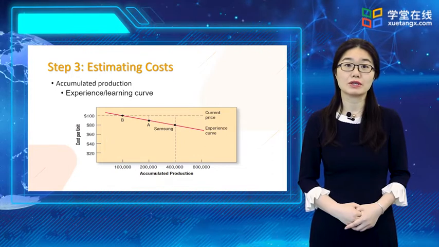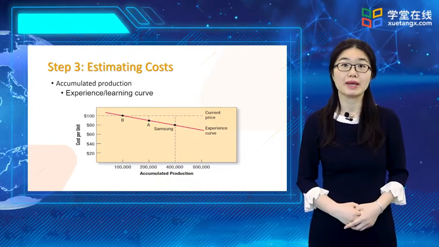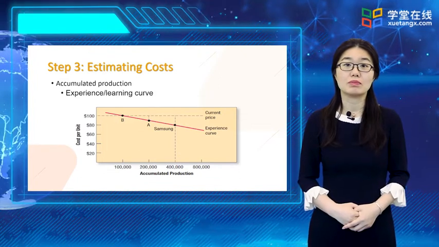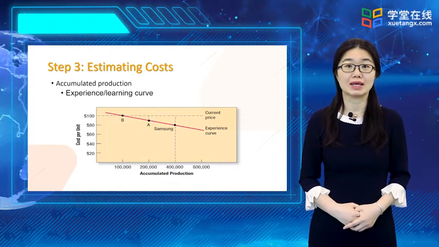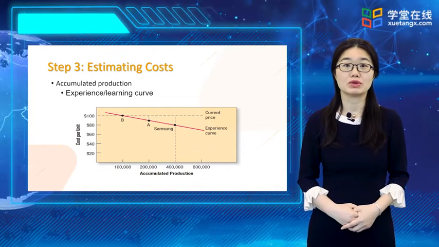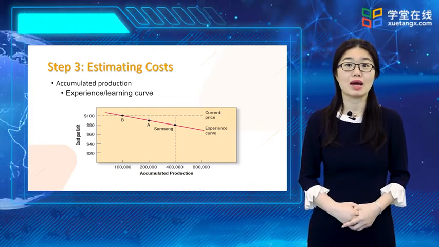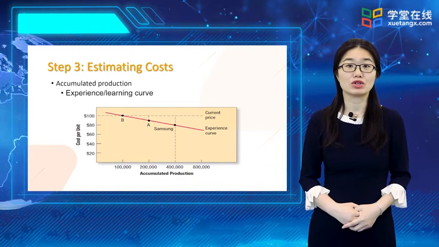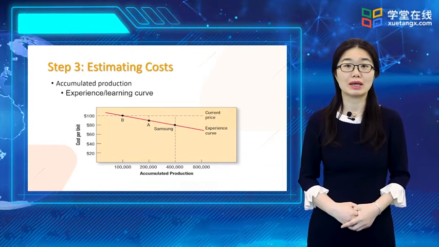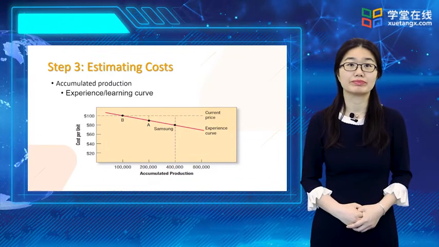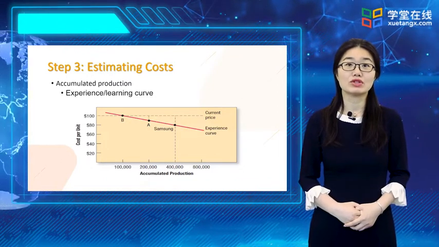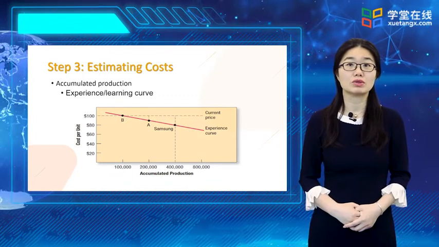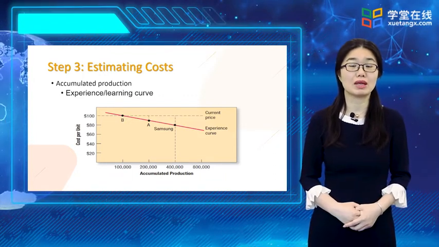As the company gains experience producing tablets, its methods improve, workers learn shortcuts, materials flow more smoothly, and procurement costs fall. The result, as Figure 12.3 shows, is that the average cost falls with accumulated production experience. Thus, the average cost of producing the first 100,000 tablets is $100 per tablet.